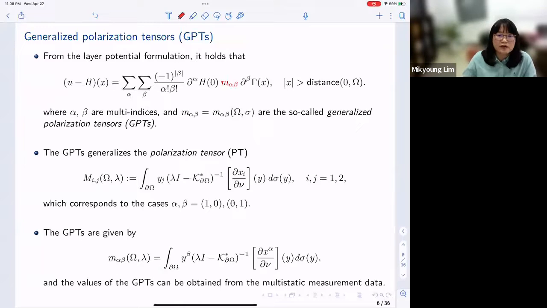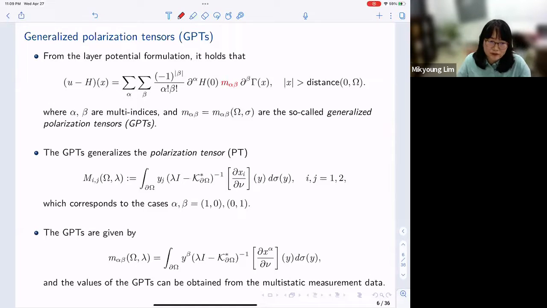So there, M is defined as the boundary integral of the first order polynomial y sub j, and lambda identity minus K star inverse applied to, instead of a capital H, x sub i. So this corresponds to the case of alpha and beta of magnitude 1.